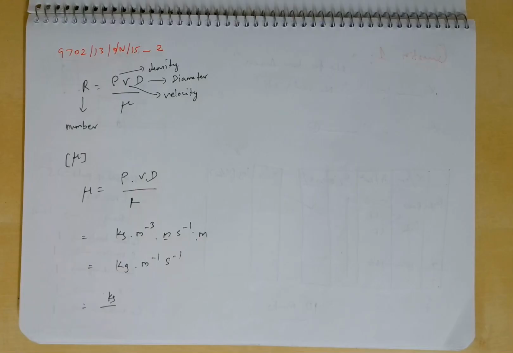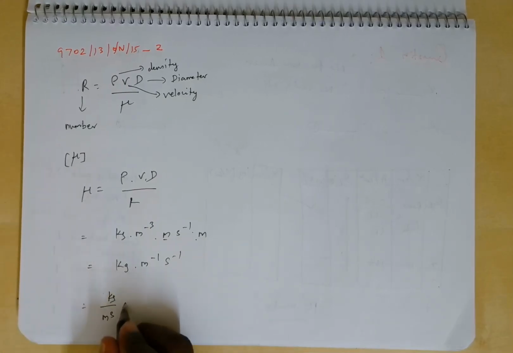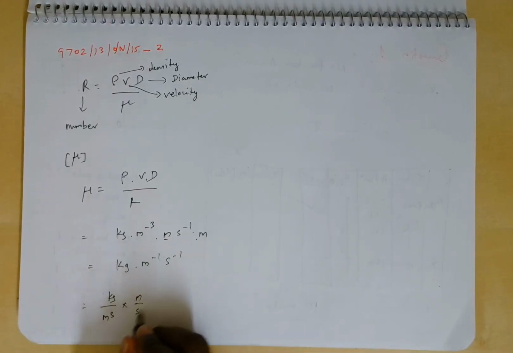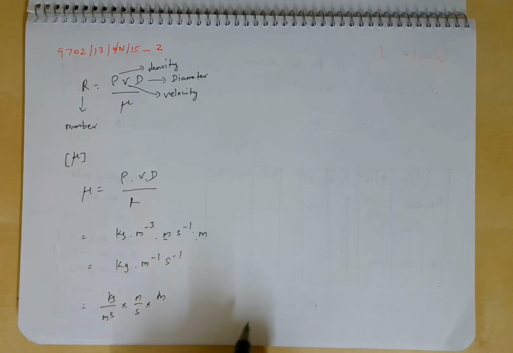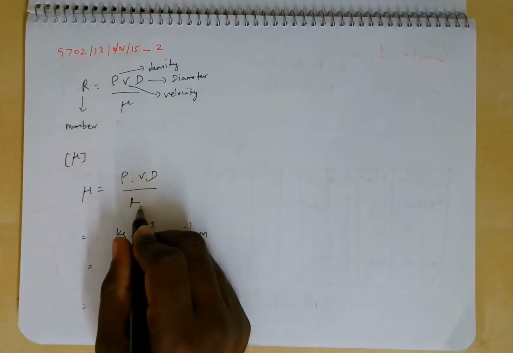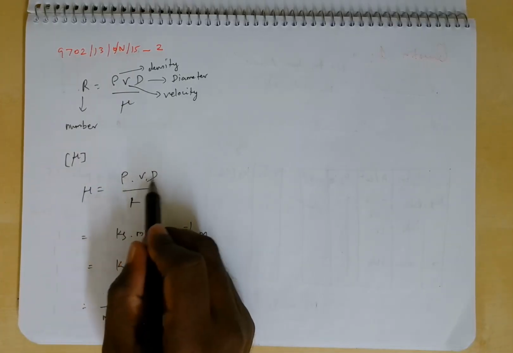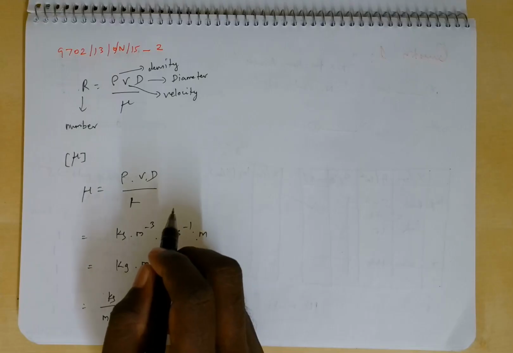Rearranging is very simple. You get the idea, sir. So you established mu here and you figured out what is rho V D.